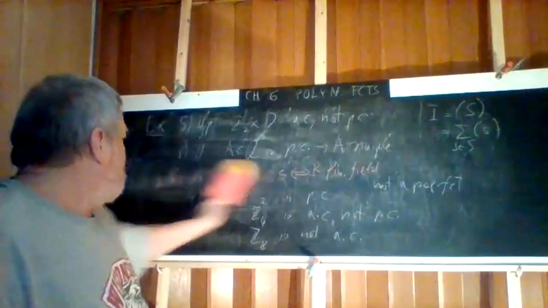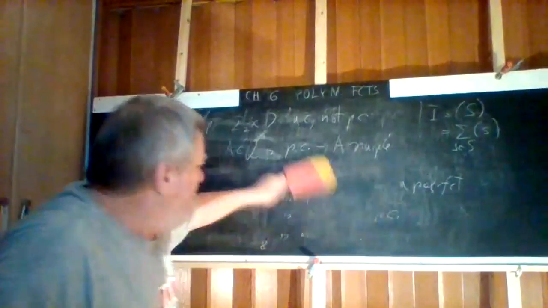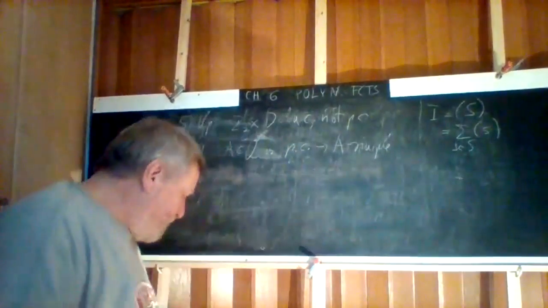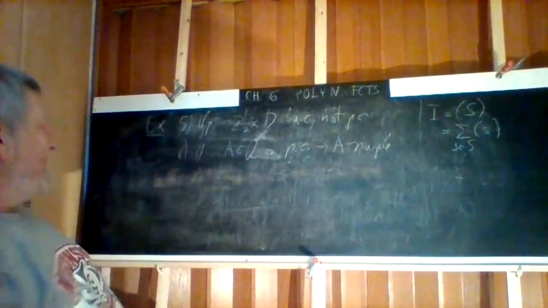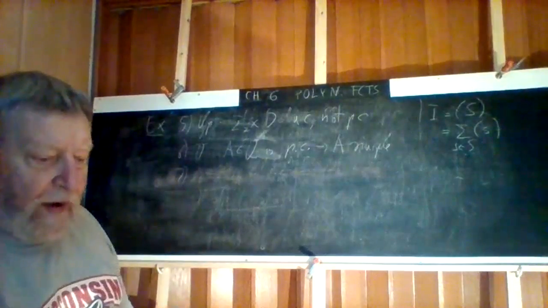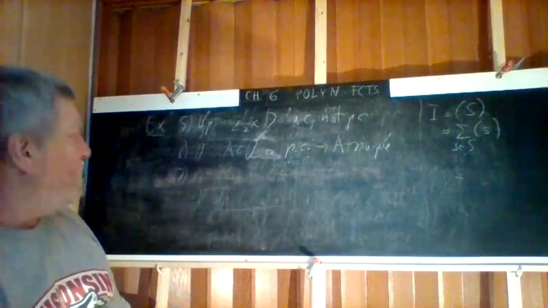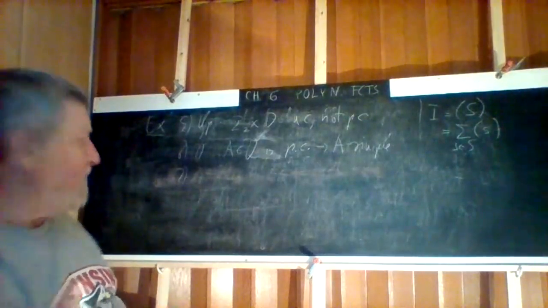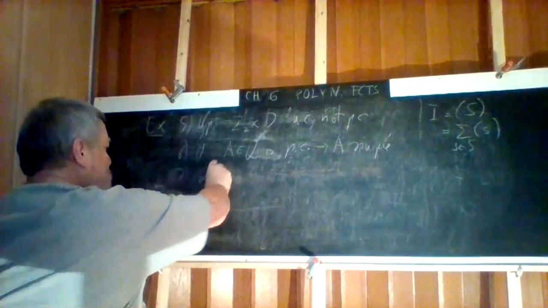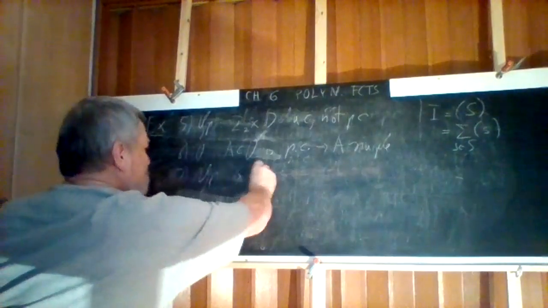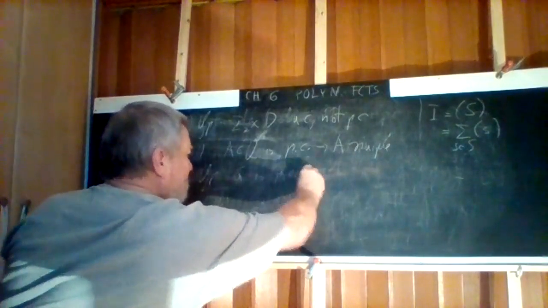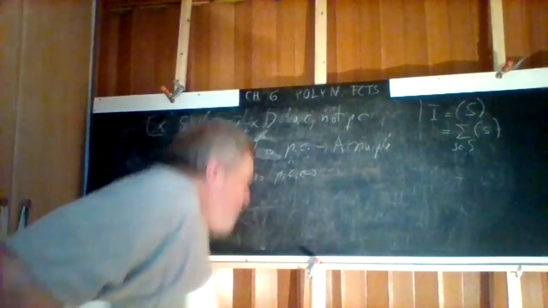Some more information maybe in 7. What about polynomially complete groups? So we are in the case of groups. G is polynomially complete if and only if we have two situations.